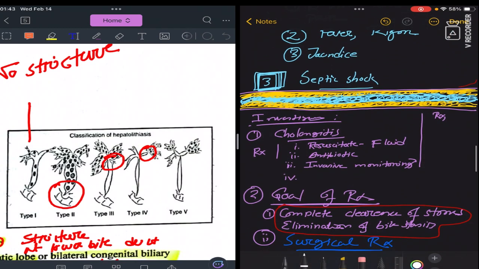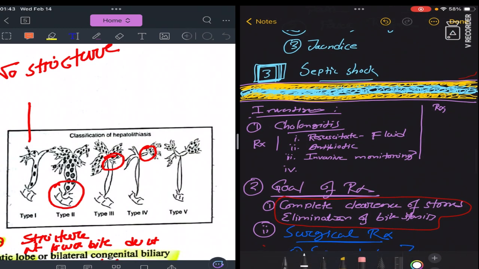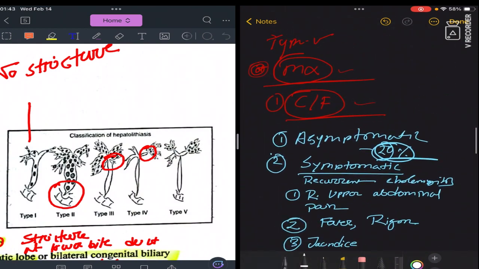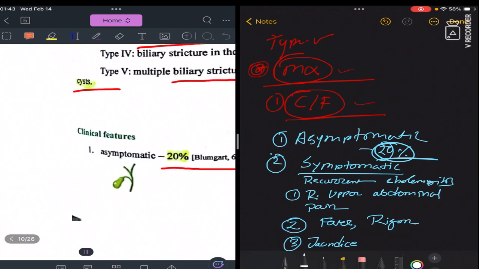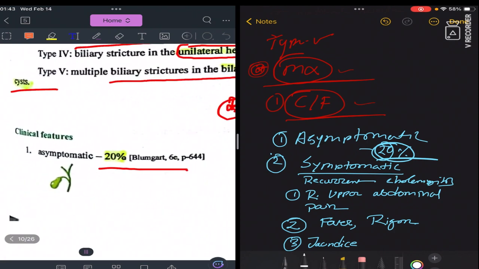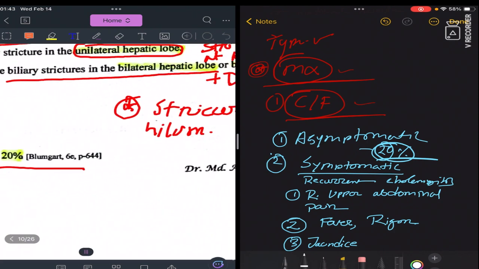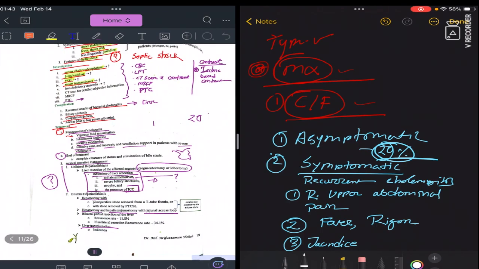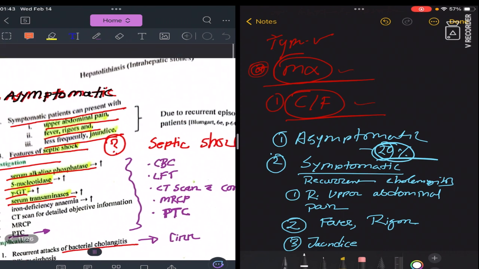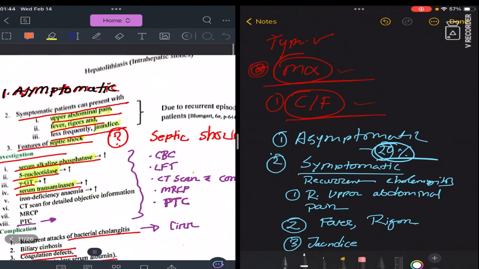Okay, so if we have to describe the management, it consists of the clinical feature, then lab investigation and treatment. If we consider clinical feature, there may be various kinds. One may be asymptomatic and some may be symptomatic. If there is a symptom, it usually consists of cholangitis.